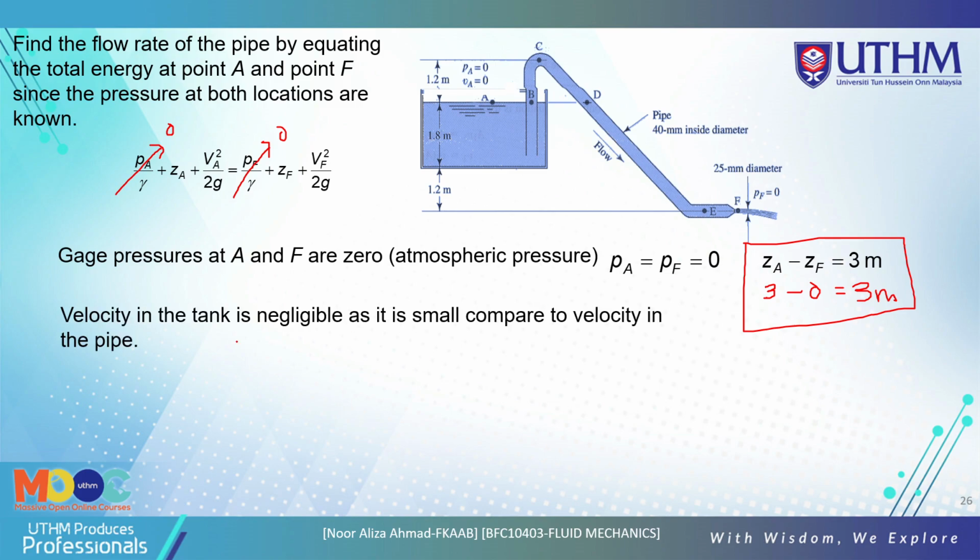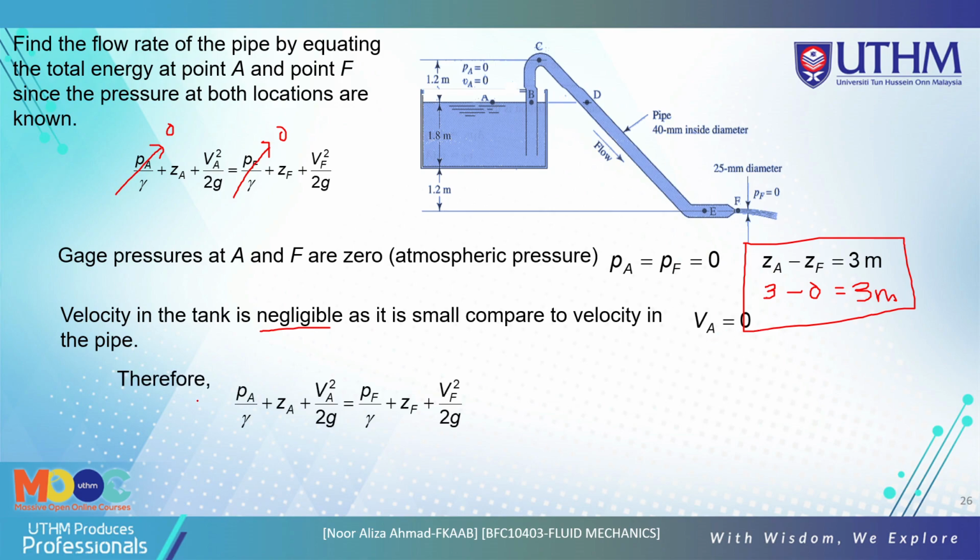Now the velocity in the tank is negligible as it is small compared to the velocity in the pipe, so we neglect it. So velocity at A is 0.